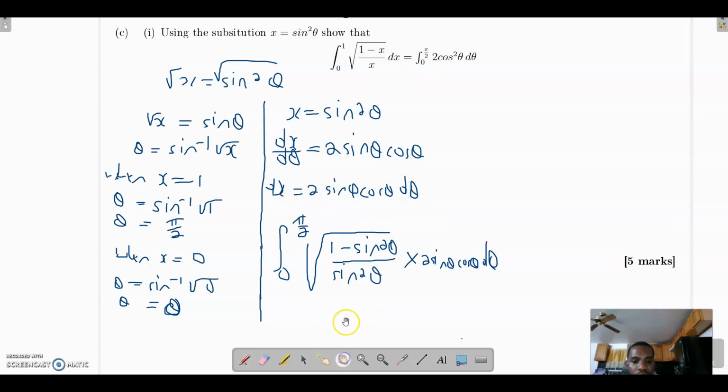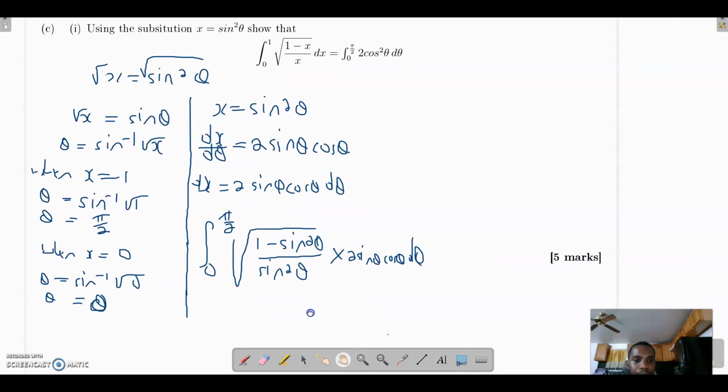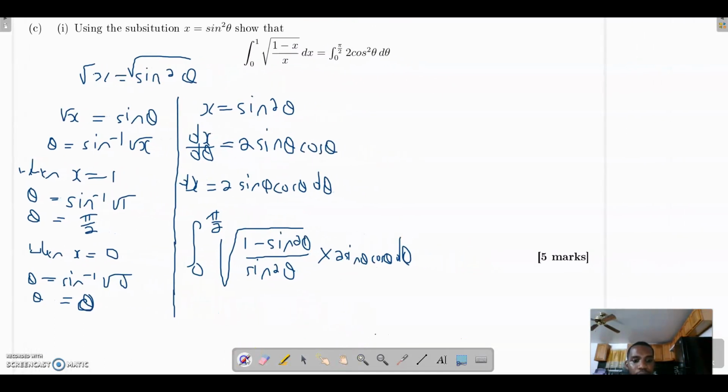All right, let me pull this over so I can have some more space. What are some of the things that we can use to simplify here? We know that 1 minus sine squared theta is cos squared theta. So this becomes the integral of the square root of cos squared theta over sine squared theta times 2 sine theta cos theta d theta.